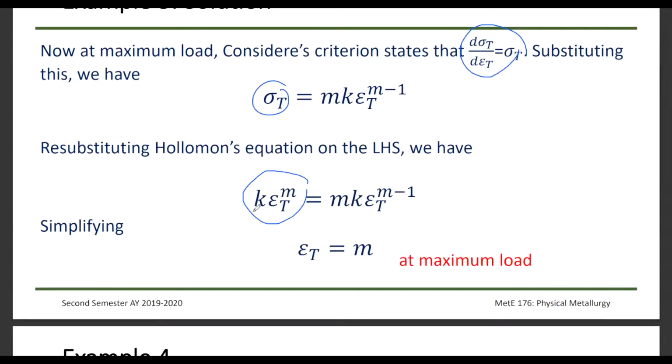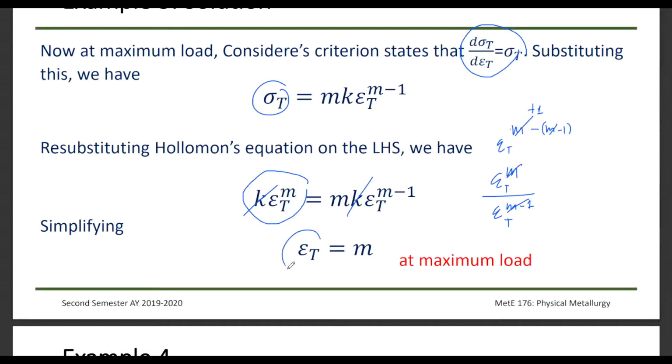Tapos cancel out all the unnecessary terms. So K cancels out, leaving epsilon T raised to the power of M over epsilon T raised to the power of M minus 1. If we simplify this, it becomes epsilon T raised to the power of M minus (M minus 1), which gives us plus 1.